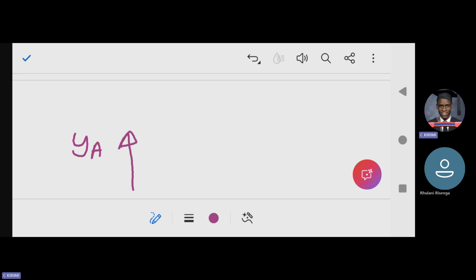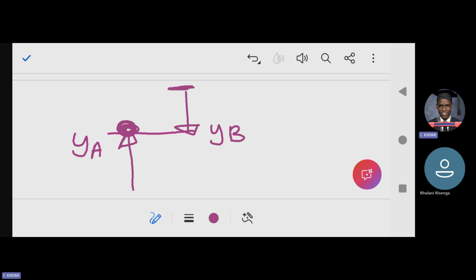And then YB, you are measuring it starting from somewhere there, coming downwards. So this point where they meet here, this ball is at YB, and that ball is at YA. Can you see what is happening?